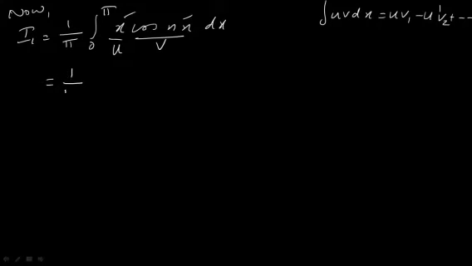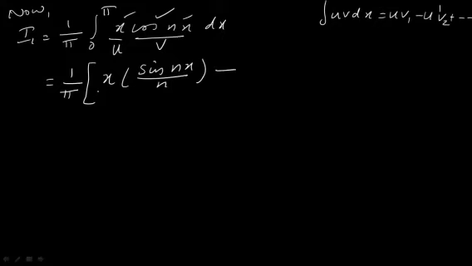Now let me integrate this using that formula. So u v1: write u as it is, v1 is just the integral of cos nx. Integrating cos nx you get sin nx divided by n, then minus.